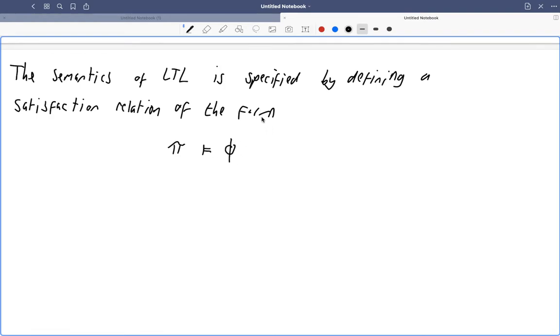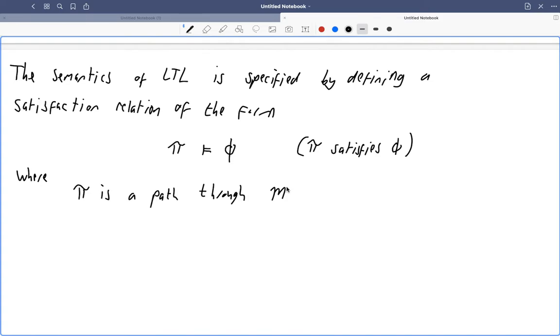So we're going to specify a relation: pi satisfies phi, where pi is a path through a given transition system.